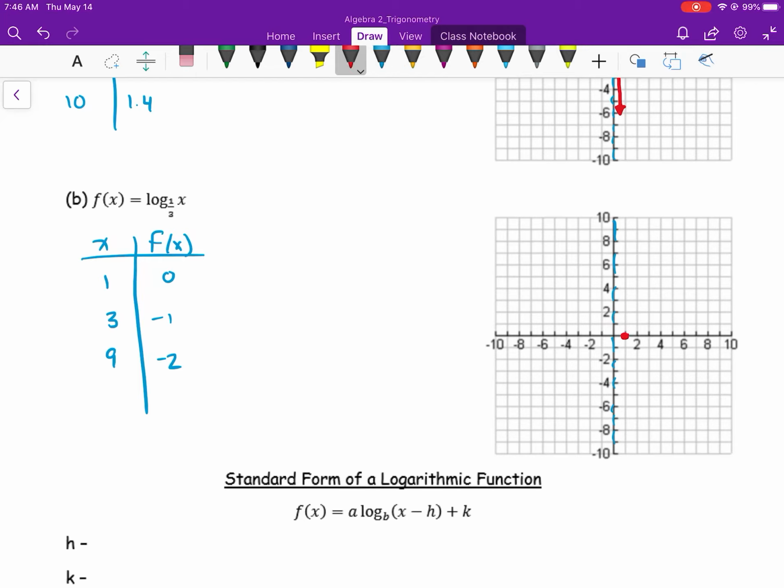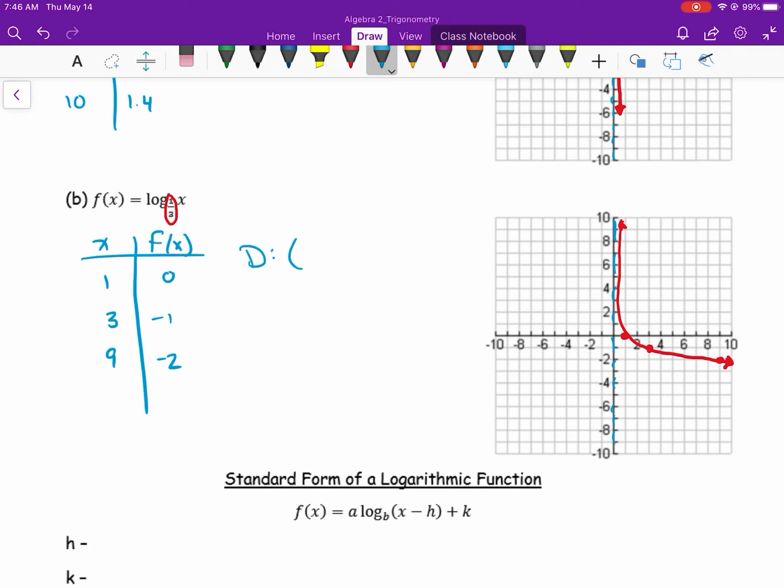So I have 1, 0, 3, negative 1. And this is going a different direction because of this 1/3 right there. And then 9, negative 2. So now we go like that. The 1/3 makes it a decay instead of a growth. Just like exponential functions.